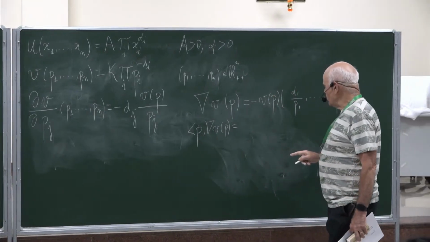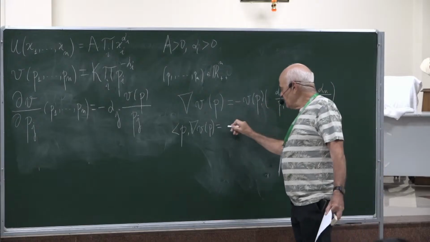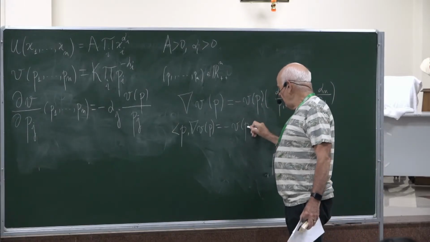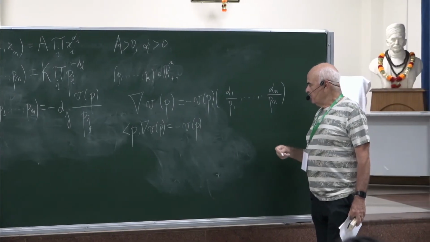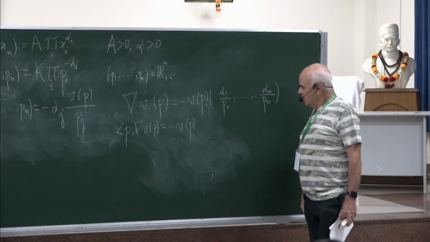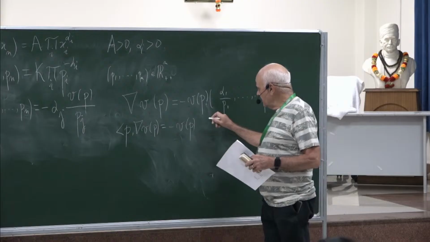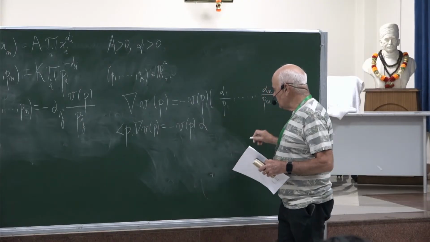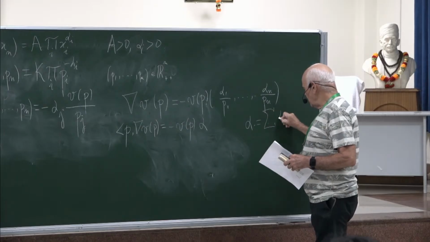So we have to make the sum. This is a scalar which comes out. The sum of p_i times alpha_i over p_i. And this is exactly what we have always called alpha, the sum of the alpha_i's.